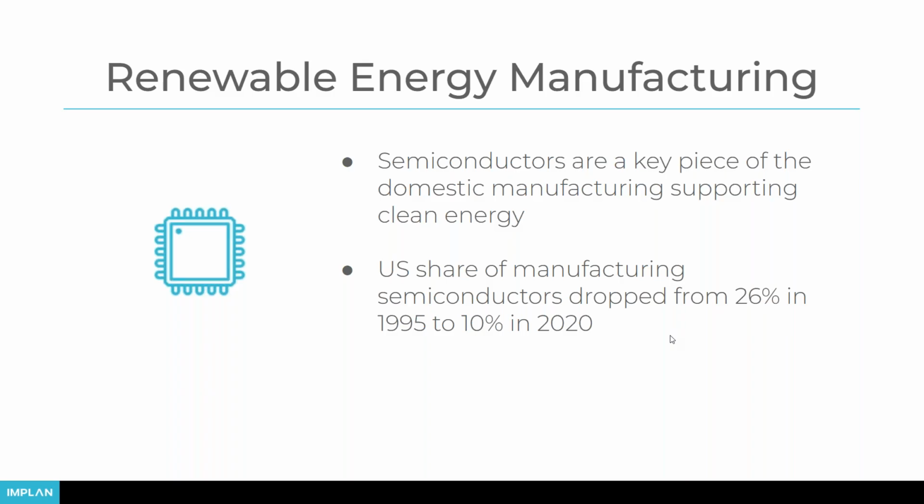Efficiency is also key, as computation intensive applications like cryptocurrencies are utilizing immense amounts of energy to do so. Also, in the last 25 years, the United States, who was once dominant in the manufacturing of semiconductors, lost roughly 16 percentage points in our share of global semiconductor manufacturing.